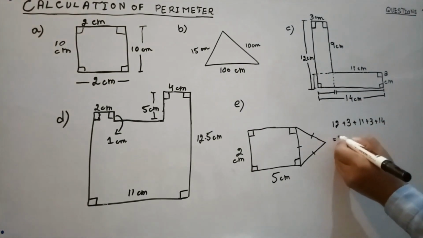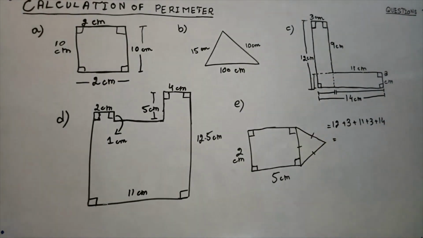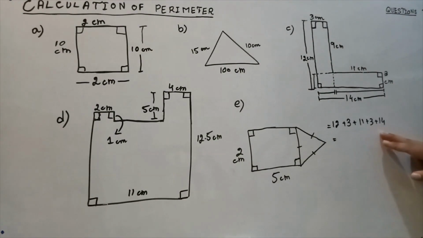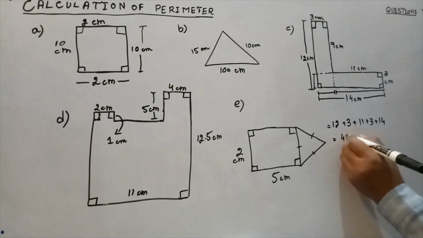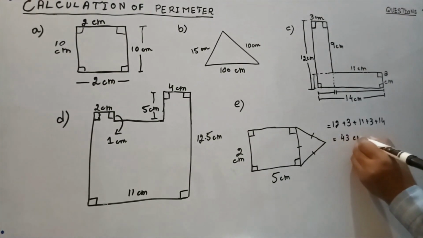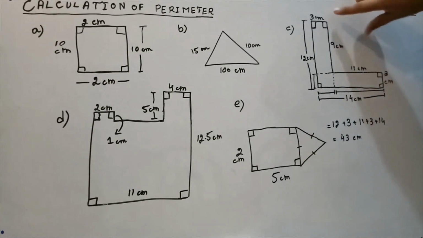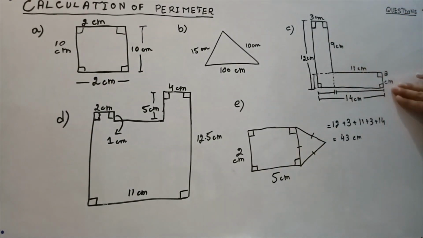Clear? If I add all these lengths of the boundaries, I can get the perimeter. Here 12 plus 3 plus 11 plus 3 plus 14 will give me 43. 43 what? 43 centimeters, because you can see here we have the lengths in centimeters.